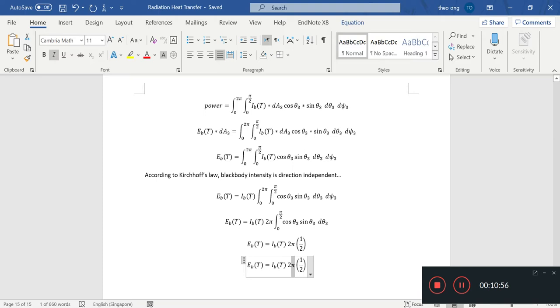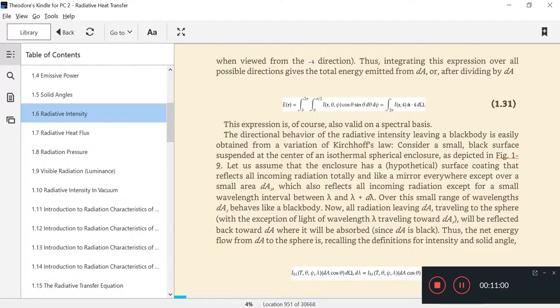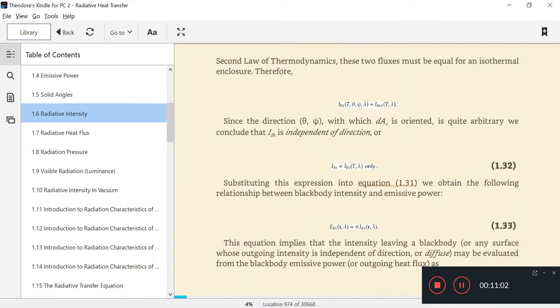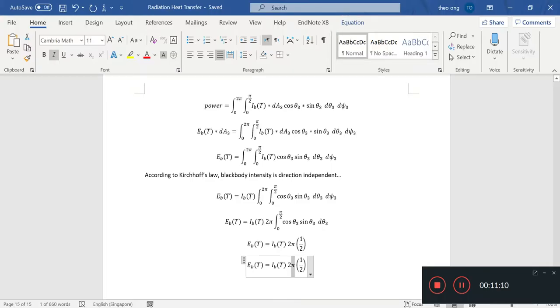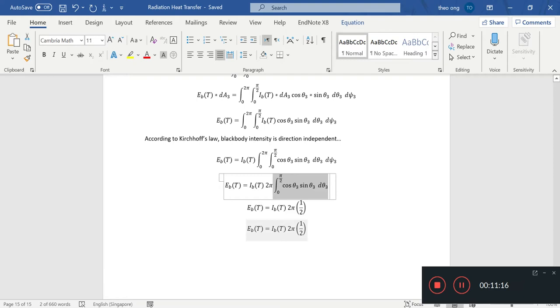I'm not going to do the full integration here, but we can take it like that when we plug this expression into equation 1.31. You just take my word for it that this is half, and 2 and half cancel out, and you have this expression.